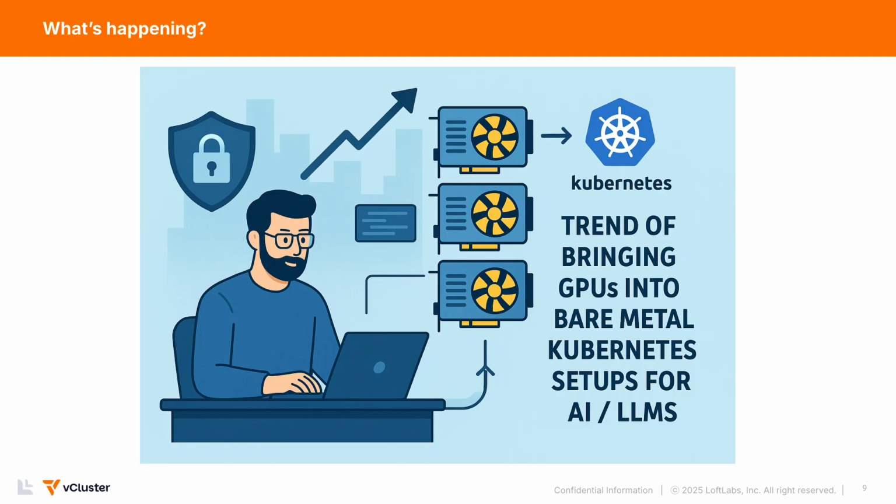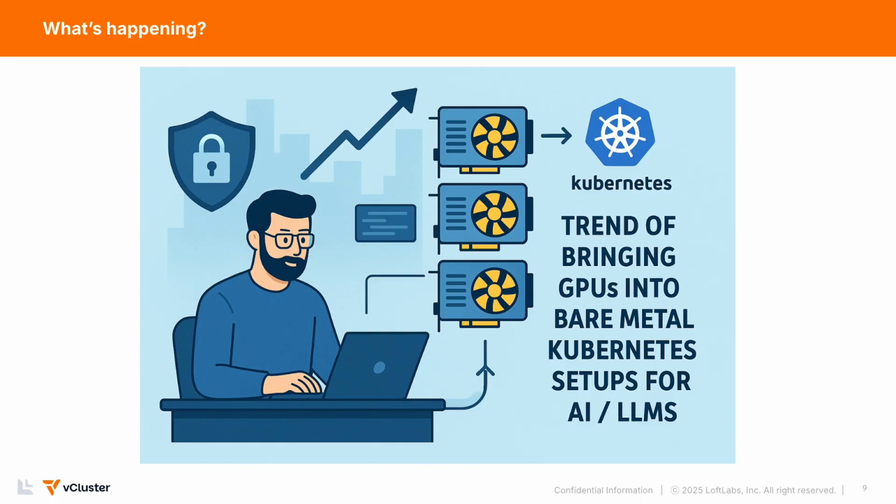That is why we have seen a huge trend of bringing GPUs to bare metal Kubernetes for AI/ML, because if companies have their own infrastructure and are not relying on any cloud provider, we need to find a way to leverage these GPUs in an efficient manner.